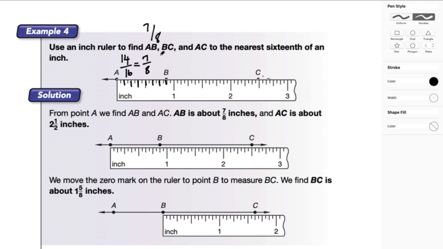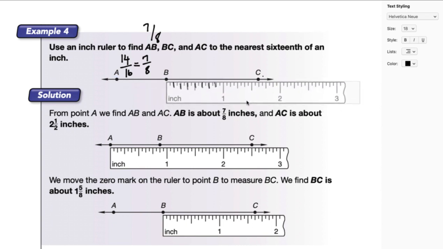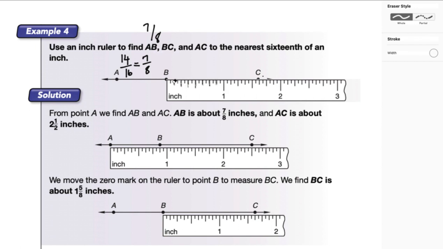BC, we would take our ruler and do the same thing again. Let me carefully take our ruler. Come on, ruler. And we're going to move it over here. And let's see if we get the same thing that the text gets. So I'm going to erase some of this stuff here.